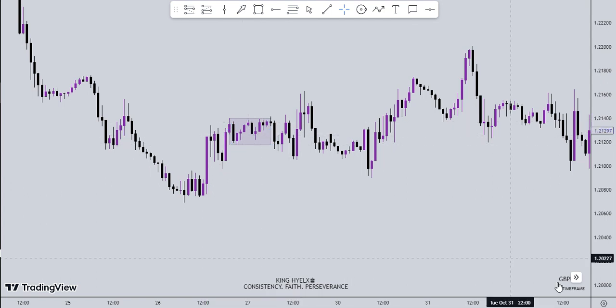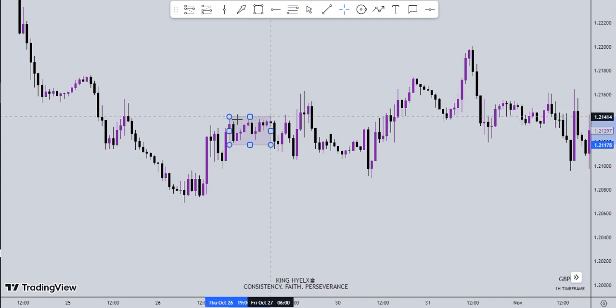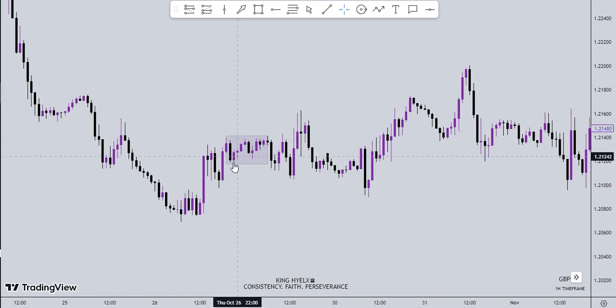We're on the 1 hour time frame, so for hours, price was within this range and it was not going higher. This was the highest it went, and this was the lowest it went.